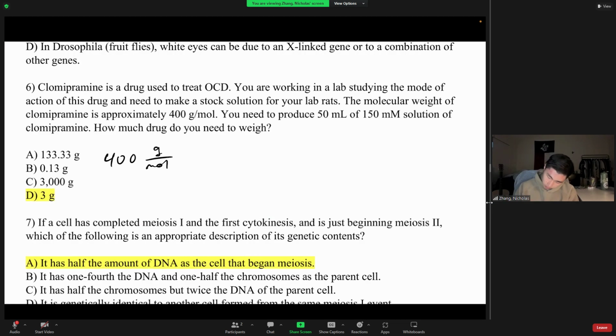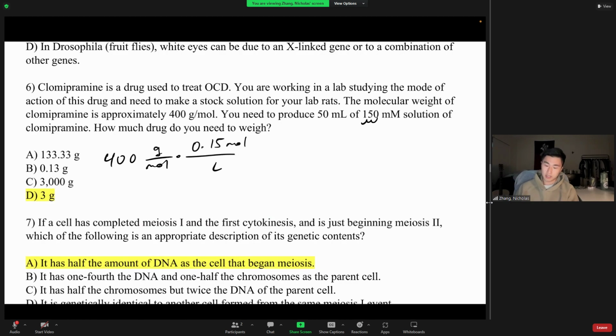So firstly, we'll plug in the millimolar. So we multiply that by 0.015 mole per liter. So no, that's just going to be 0.15 because millimolar, you go 3 to the left, right?